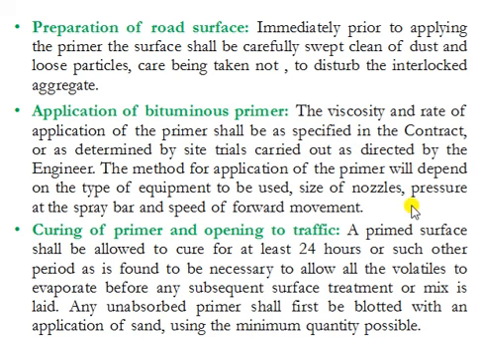So in the third stage, that is the application of bituminous primer, the viscosity and rate of application of primer depends upon the contract which is signed by the contractor. The government engineer who has prepared the construction report will specify a type of primer that has to be applied for the pavement surface.